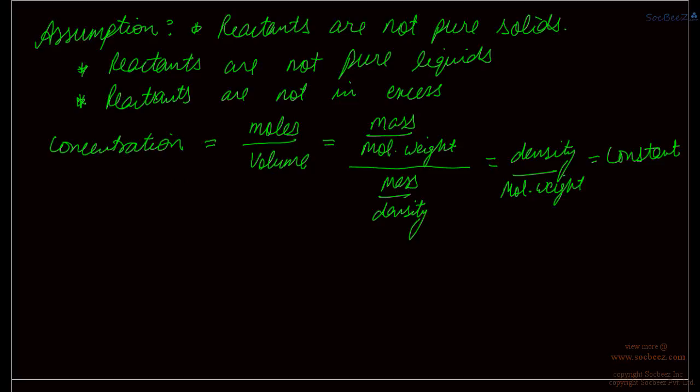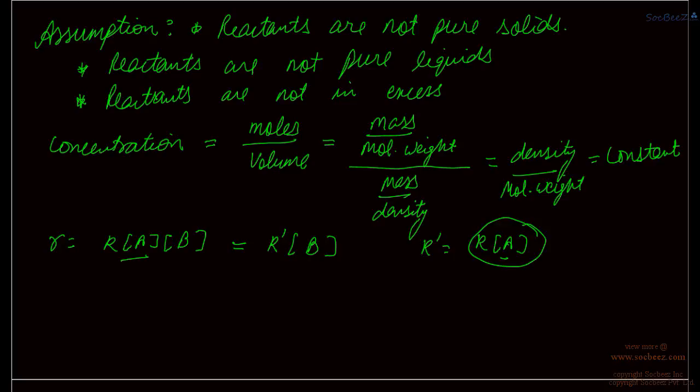So, in this case, suppose the rate law is rate equals K into A into B. Now suppose A is pure solid, or it is pure liquid, or it is in excess. Then we can write the rate law as K dash into B, because here K dash equals K into A, and since A is constant and K is constant, it gives another constant term.